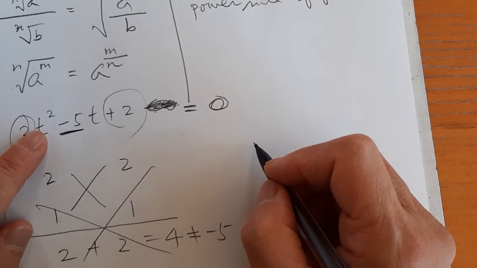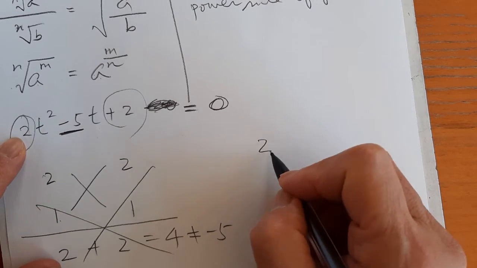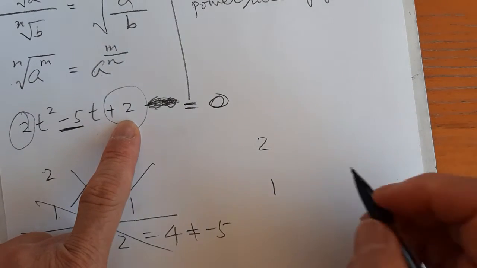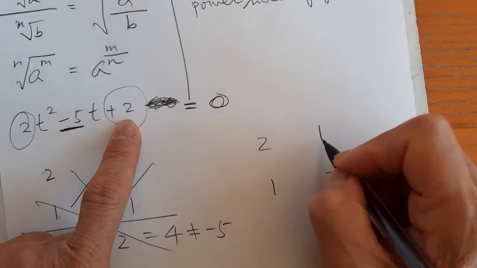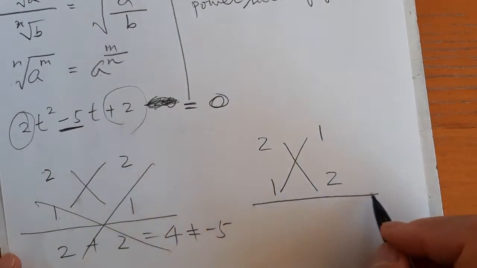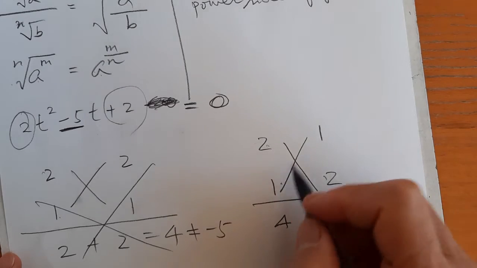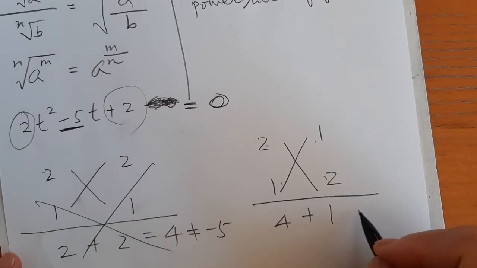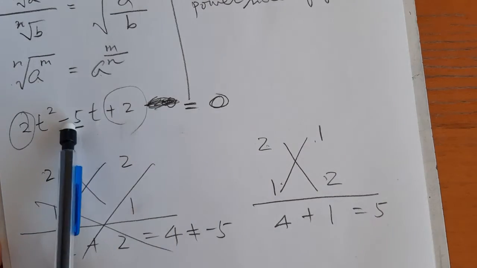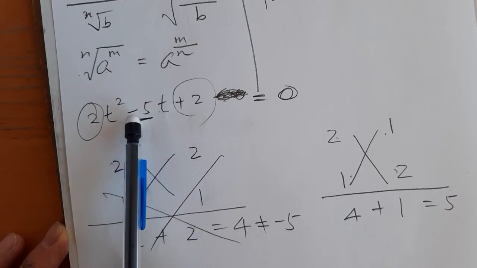Leading coefficient 2, factor as 2 times 1. Constant term 2, this time I try 2, 1. I switch. If I cross multiply, 2 times 2 is 4, 1 times 1 is 1, add together is a positive 5. But we want negative 5. The t term coefficient is negative 5.